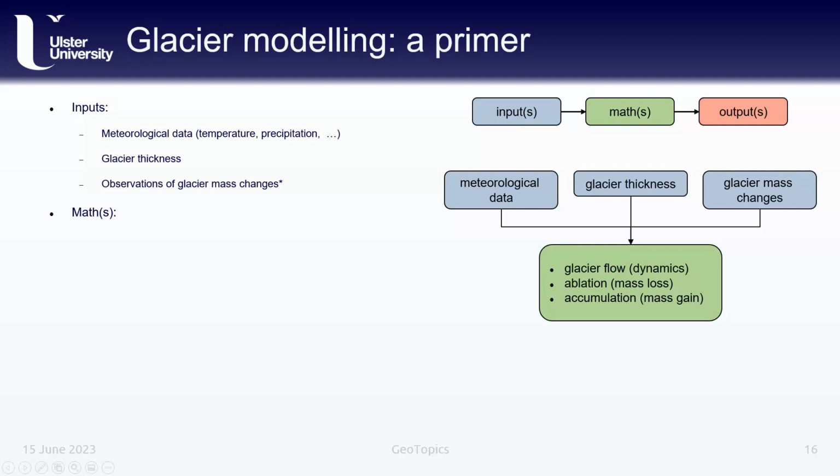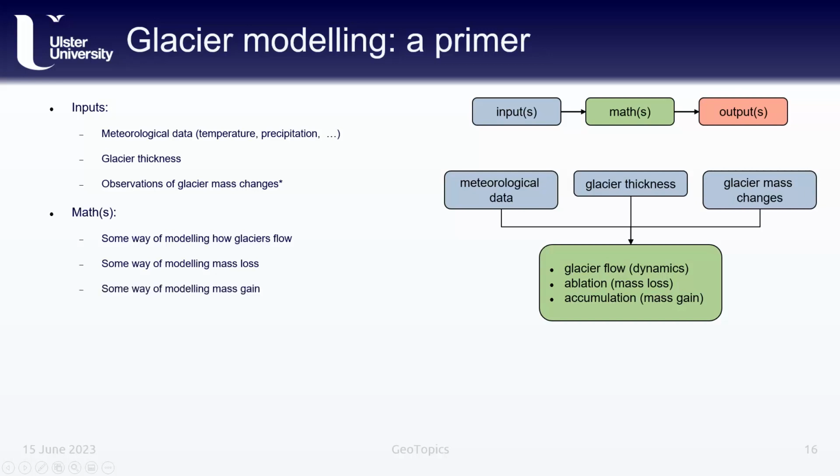And then the maths that we do is often we need some way to model how glaciers flow. We need some way of modeling how glaciers lose mass. So we need to figure out how to model the ablation or the melt.